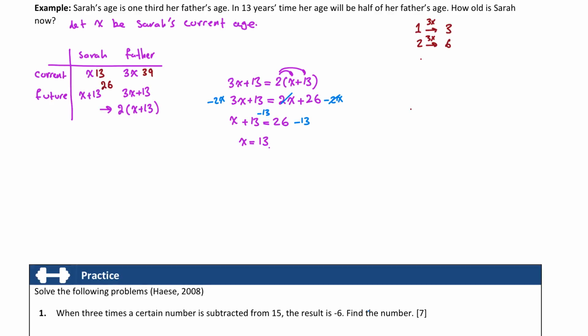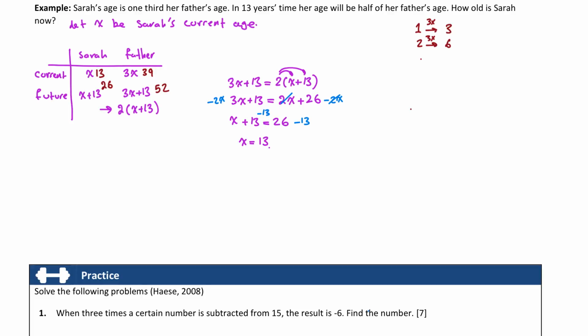And her dad's age is 39 plus 13, which is 52. Now, the final piece of information given to us is that her father will be twice as old as Sarah in 13 years.